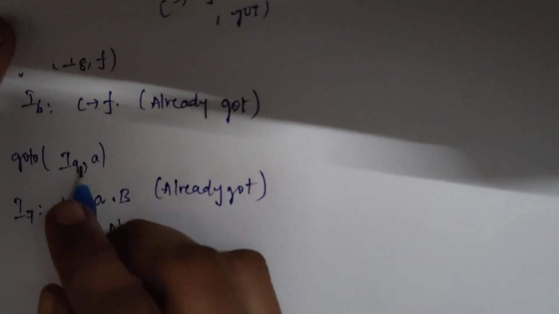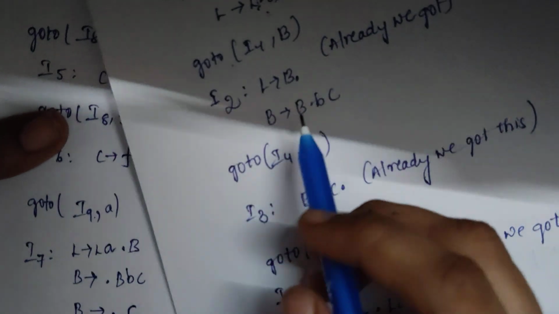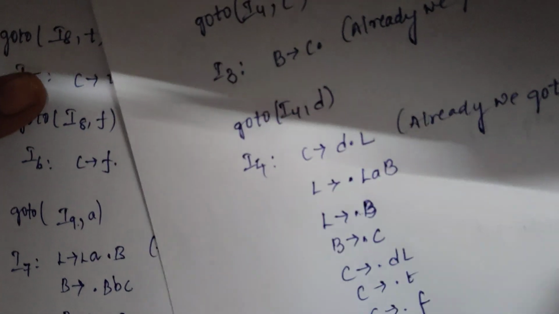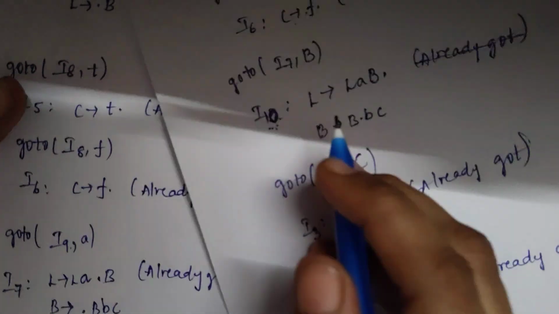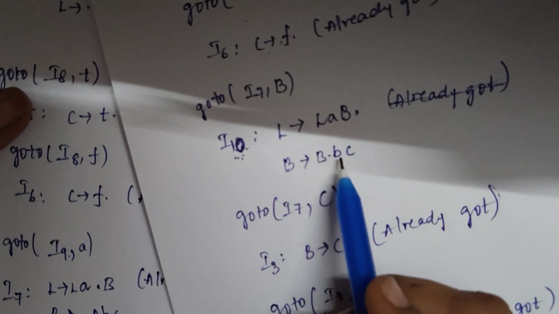Next, go to I10. Because I9 we have completed everything. This we have shifted, right? So now go to I10. Where is I10? So here is the I10. In this, what we need to shift, this dot will be shifted here.